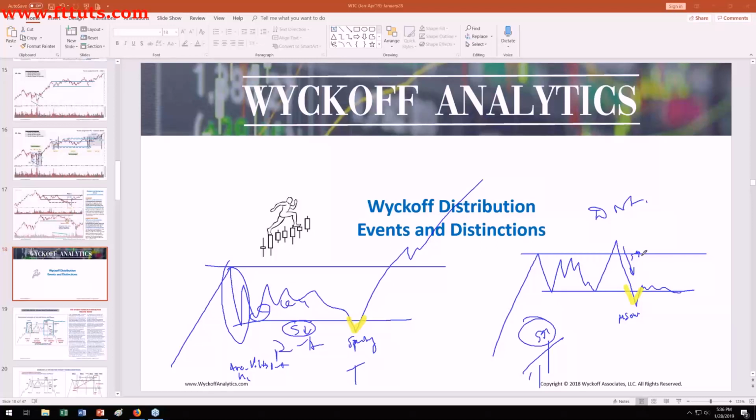But even if we have not noticed this, we would always be thinking about the confirmation of those patterns, right? The confirmation of a spring, a confirmation of a sign of weakness. So what would be a confirmation of a spring? The price comes back into the trading range and goes into a major sign of strength. With the major sign of weakness, there's going to be an attempt to come back.